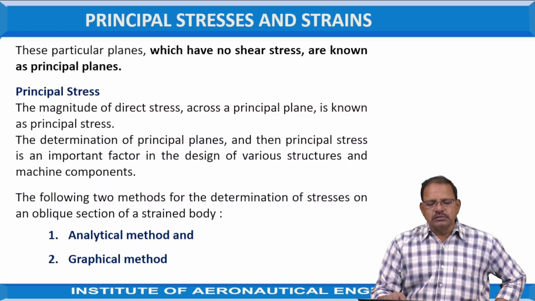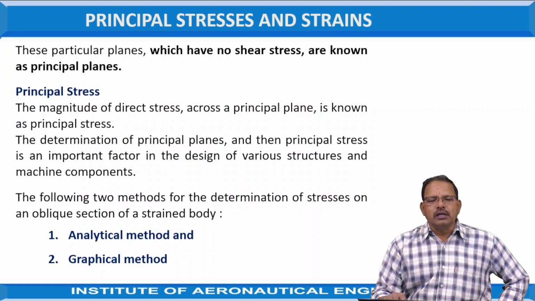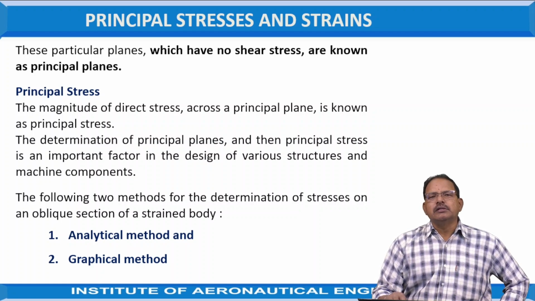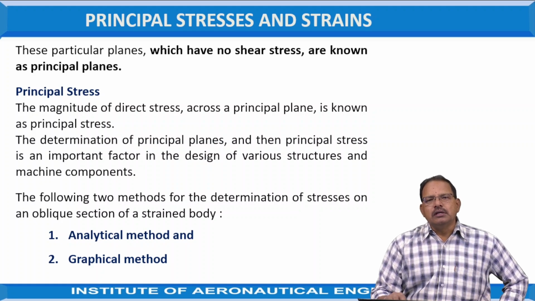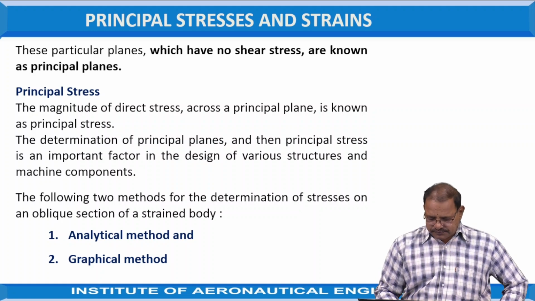There are two methods generally used in determination of stresses on an oblique section of a plane: the analytical method and the graphical method. In the graphical method, Mohr's circle is used to determine the shear stress and tensile stress, as well as the resultant.